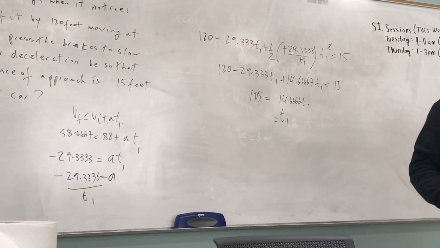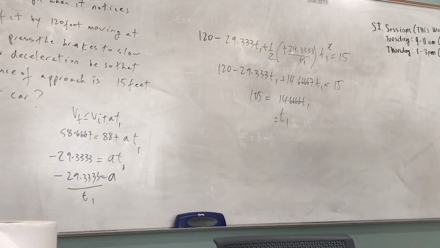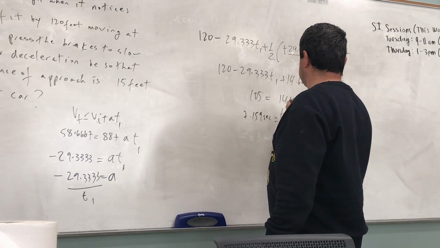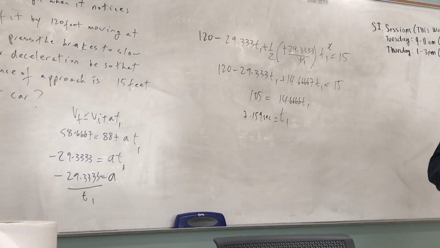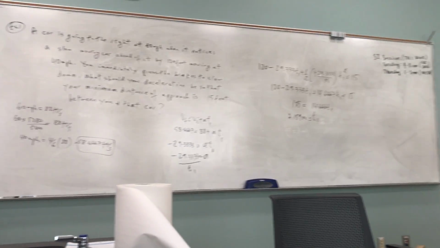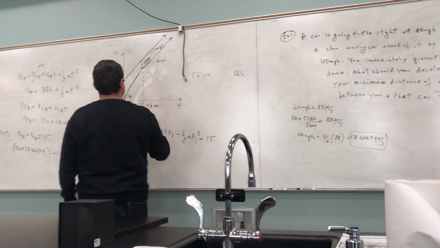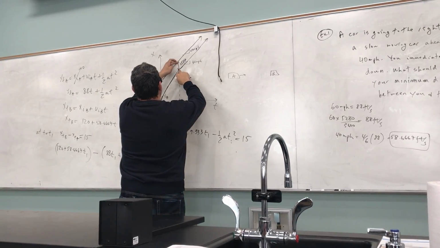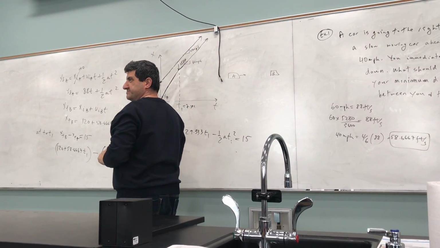T1 is going to be 7.159. So that means your deceleration phase is gonna be 7 seconds. Right? And then once 7 seconds is elapsed, you're gonna be going at the same speed as the car.